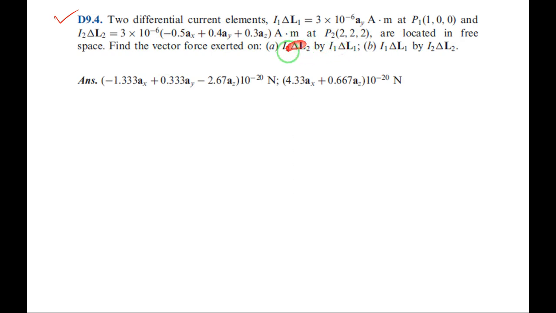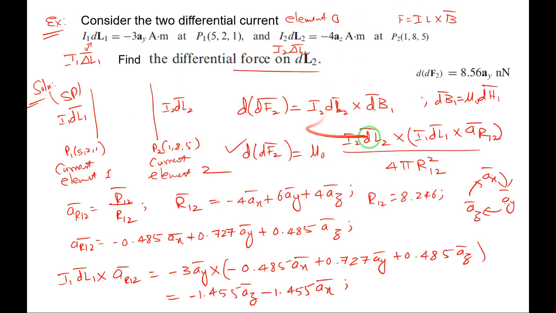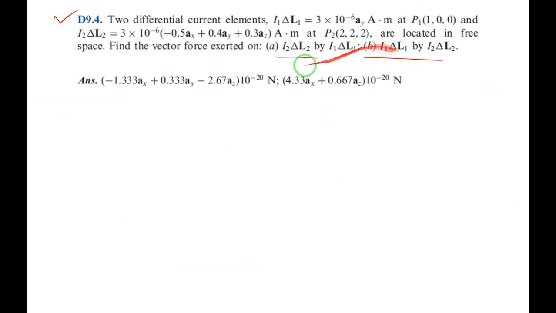Next, find the vector force exerted on current element 1 by current element 2. Part A is similar, because the formula is already here, and I told you how to write it, so I am leaving part A to you. I will take up part B: find the vector force exerted on current element 1 by current element 2.